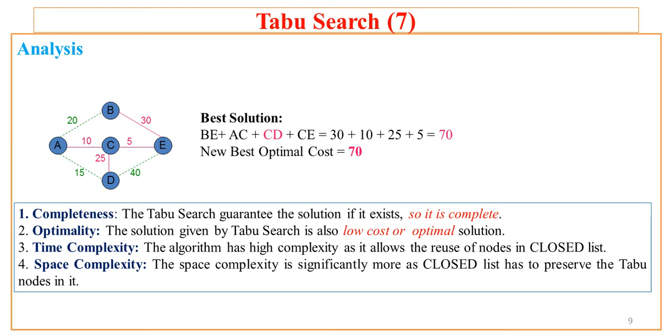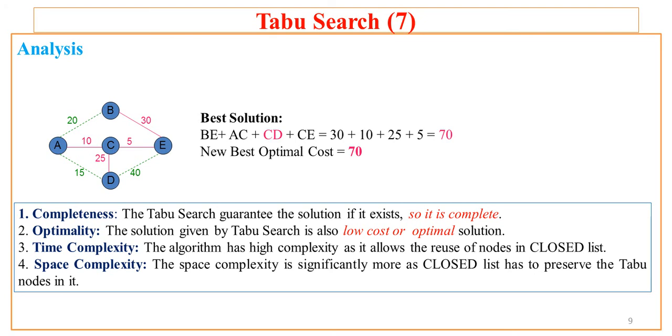Regarding time complexity, the algorithm has high complexity as it allows the reuse of nodes in the closed list. That means the nodes in the closed list are repeatedly used, so that repetition will obviously increase the complexity of the algorithm.